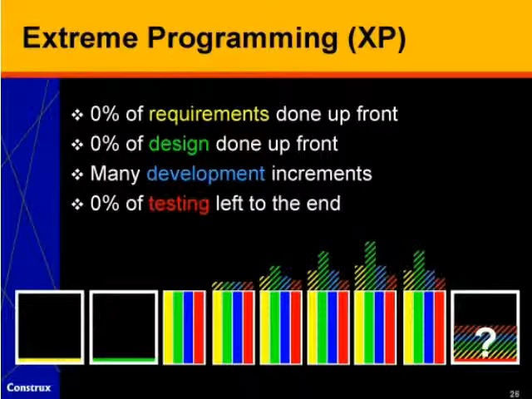Extreme programming, as a response to this, I think actually stacks up pretty favorably when it's done well and with discipline. We don't do any of the requirements up front. We don't do any of the design up front. And then we try to do 100% of the requirements, design, development, and testing within each iteration. What we've seen with extreme programming is that tends to work pretty well for the first few iterations. But as you get into later iterations, you discover increasing numbers of requirements changes, design changes, and development work.